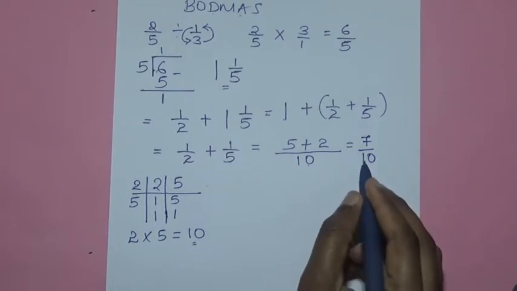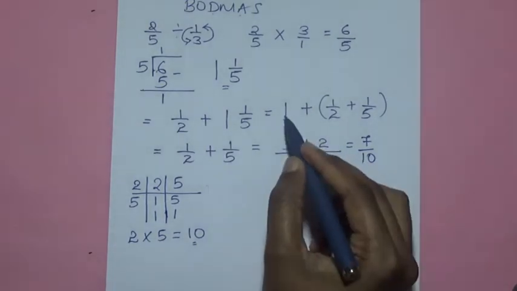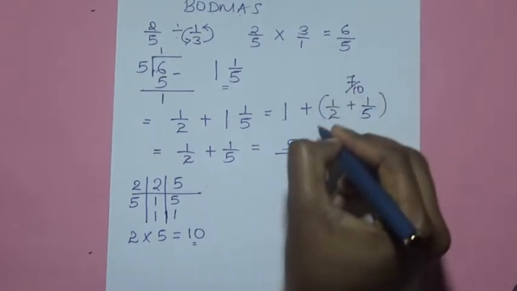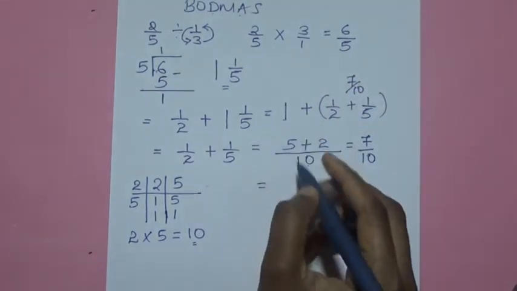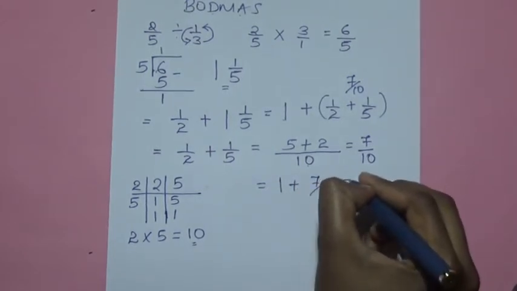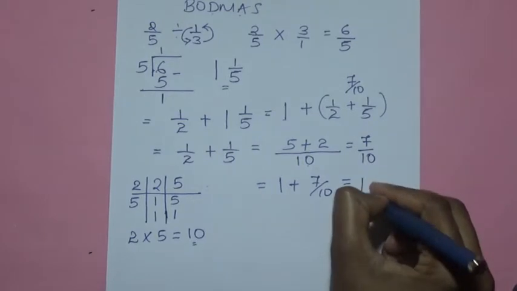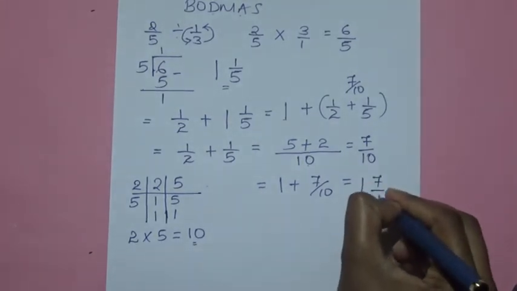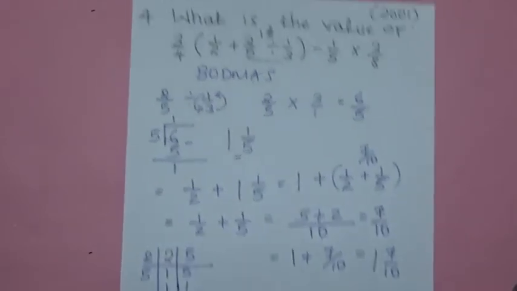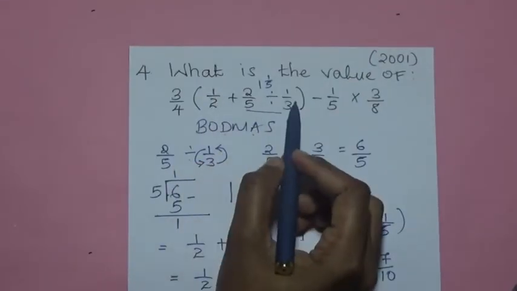So you have 7 over 10. And remember, we had 1. So it will be 1 plus 7 over 10. So the final answer will be 1 and 7 over 10. Now, we have worked out what is inside the brackets.